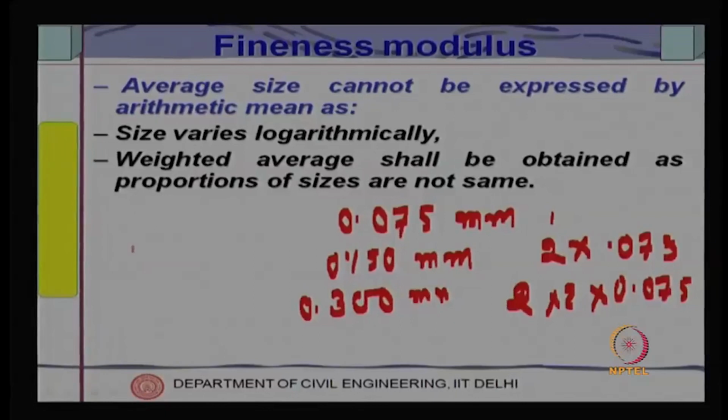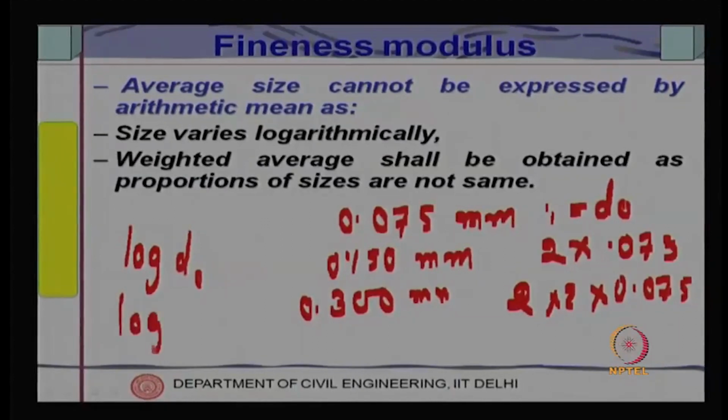So, if you take the log of the sizes, let us call the smallest size d 0. This will be log d 0, this will be log of 2 d 0, and this will be log of 4 d 0.